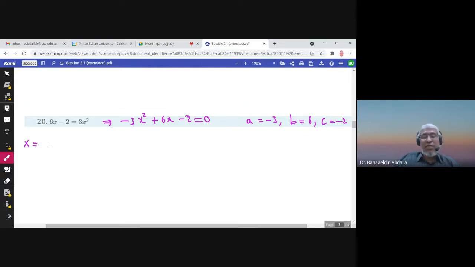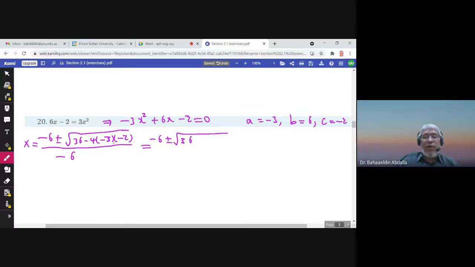So x is negative B, negative 6, plus or minus square root of 36 minus 4 times A times C over 2 times A. So 2 times negative 3, negative 6. Don't think of canceling these two. You can't because there is a plus or minus here. So what to do? You have to do it like this.